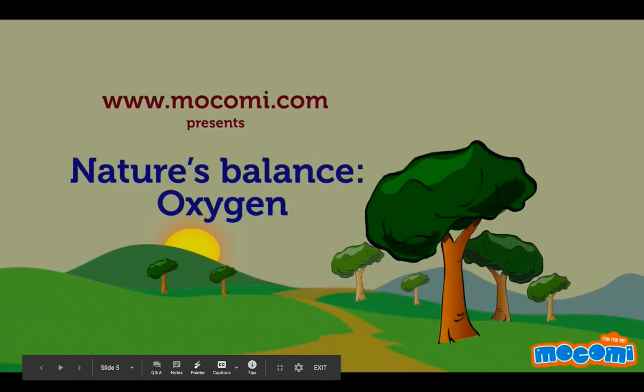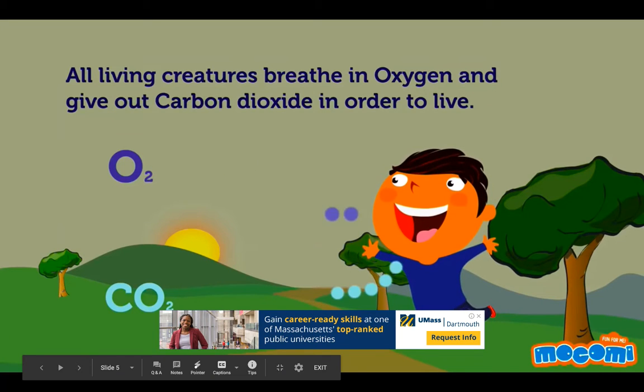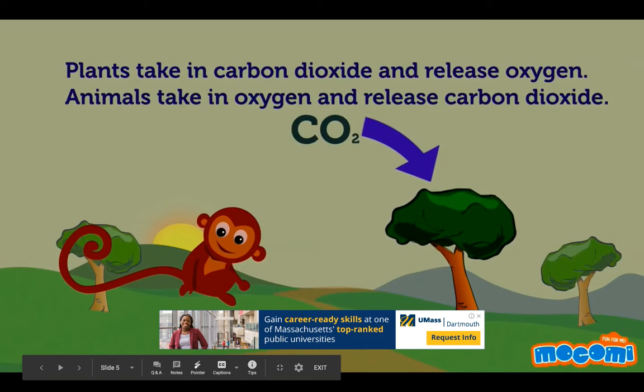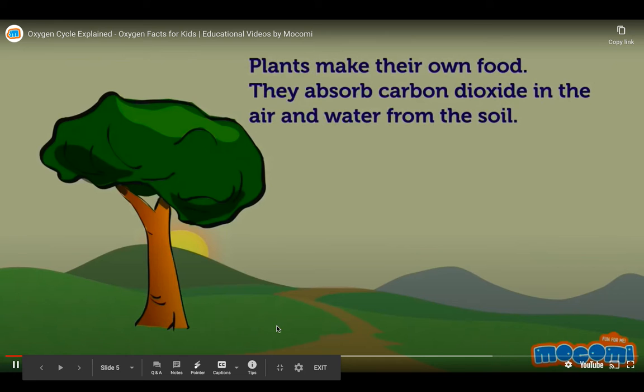Nature's balance, oxygen. All living creatures breathe in oxygen and give out carbon dioxide in order to live. Plants take in carbon dioxide and release oxygen. Animals take in oxygen and release carbon dioxide. Plants make their own food.